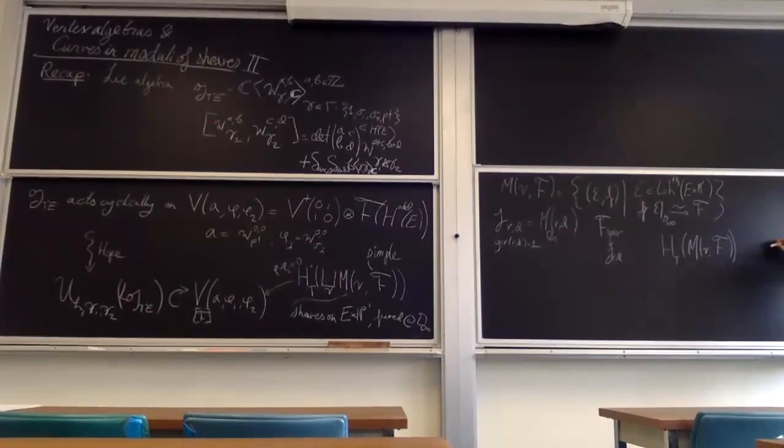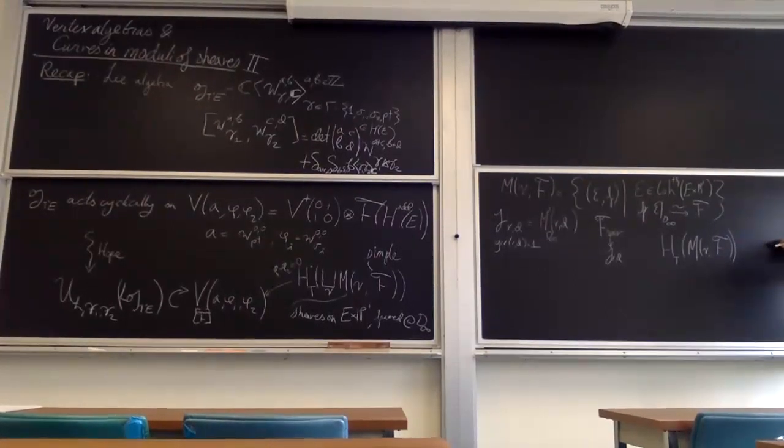Right, so this is the specialization at phi1 equals phi2 equals 0 of the cohomology of M_V^F universal, where the base ring of this cohomology is J_{R,D}.